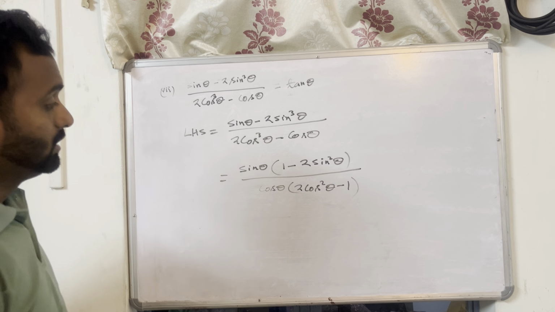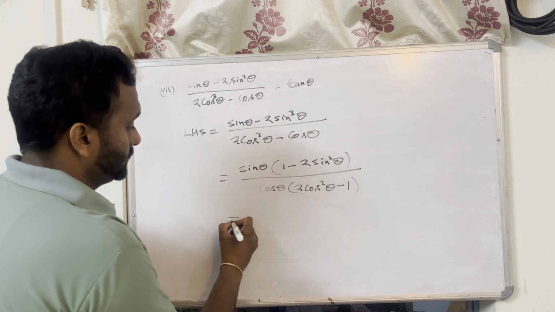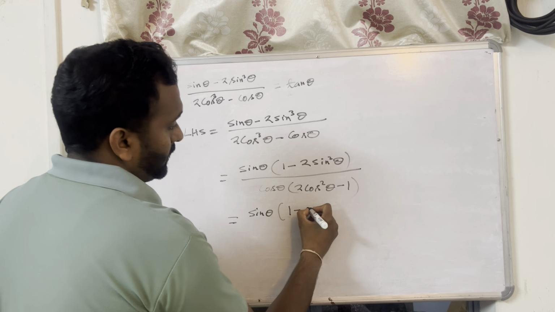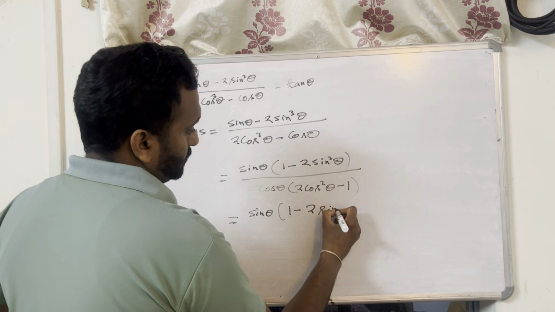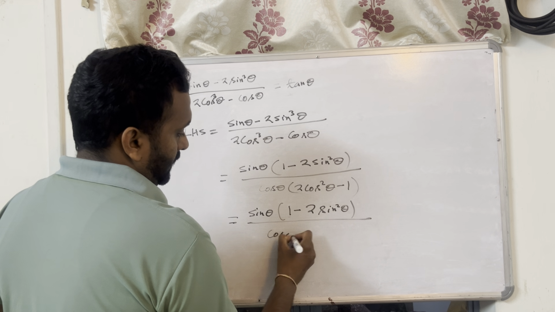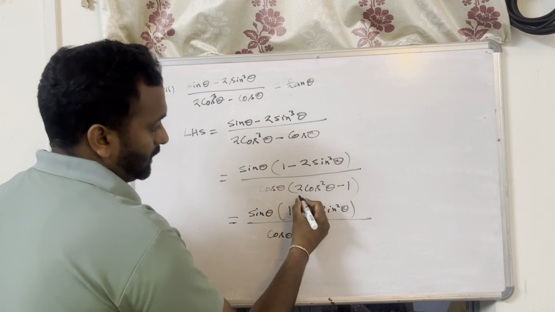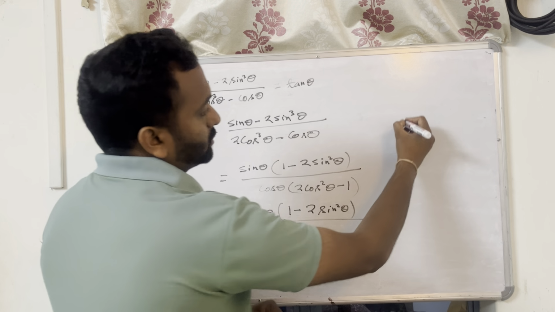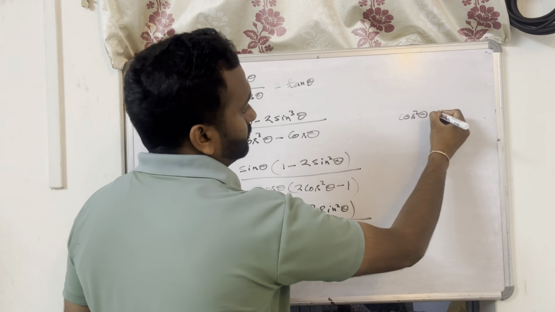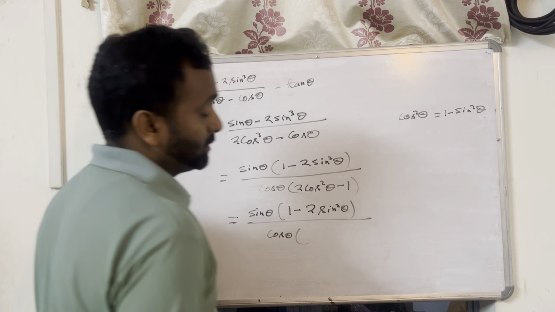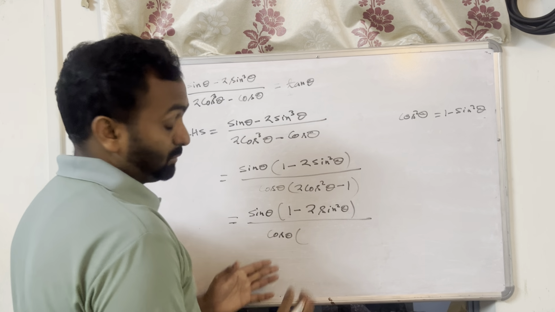Yes or no? Then look here, I will write 1 minus 2 sine square theta divided by cos theta, and I'm just writing, look carefully, our cos square theta is nothing but 1 minus sine square theta. We know that, yes or no, from identity 1. So that only I'm going to use.